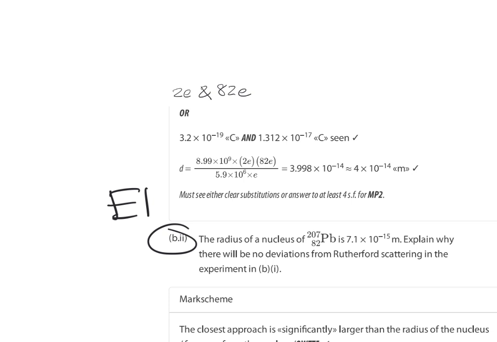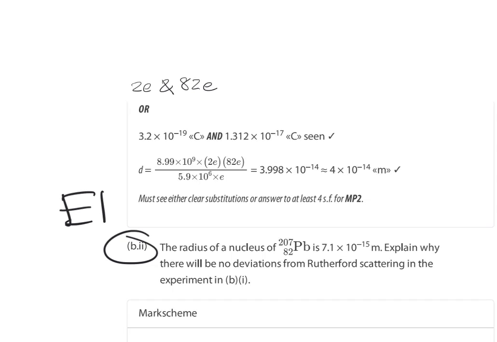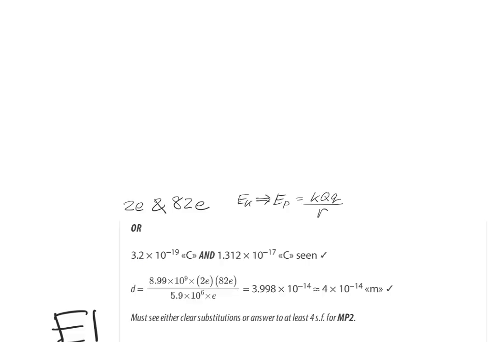So the charges, they give the charges in coulombs, and that's cute, but I don't really want the charges in coulombs. I actually want elementary charges because it gave me the kinetic energy of the alpha particles. So, how they actually got this math. Remember that the kinetic energy of the alpha particles on approach gets stopped by the field, so it goes all to potential, and potential energy is kQq over r.